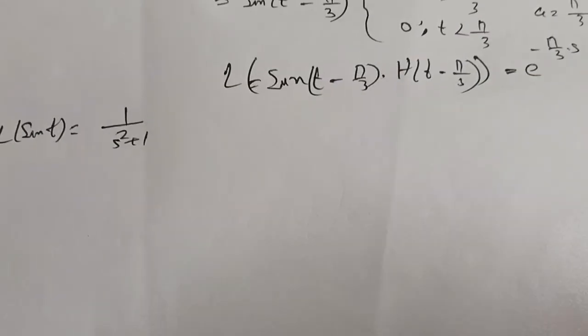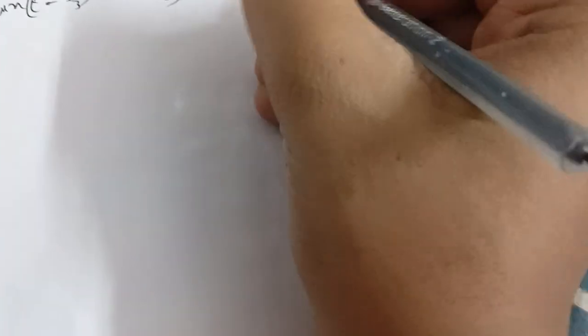If we put a equal to 1, this comes. This is pretty easy. Now we put this in, so we get e to the power minus pi s by 3 times 1 by s squared plus 1. This is the Laplace transform.